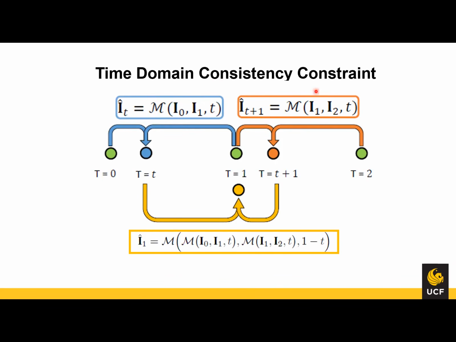We're also going to pass in a second set, I sub 1 and I sub 2, and also give it a time parameter, which should be equal to the first time parameter. We're going to generate our first set of intermediary frames, and pass that into the model again to generate the third frame. And from this third frame, we're going to use our consistency loss to force the network to converge.